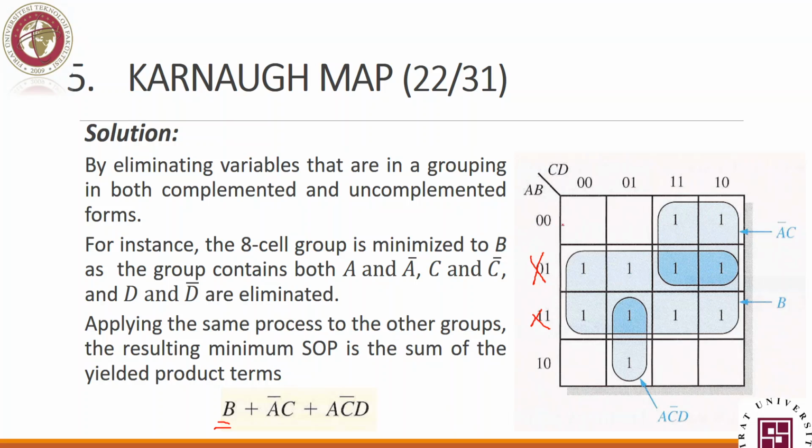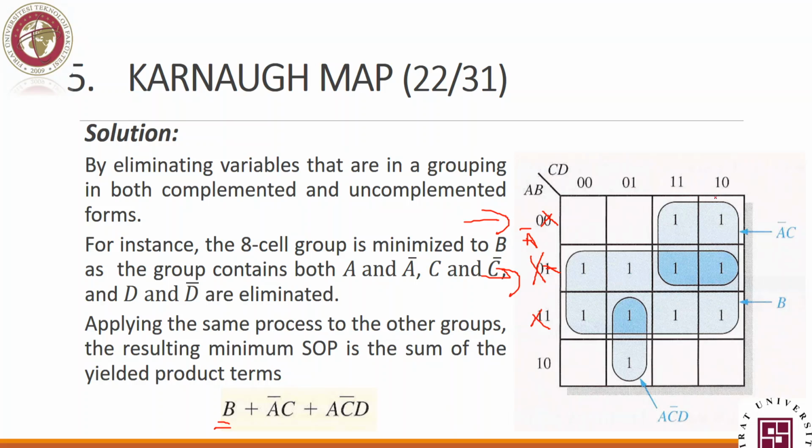Now look at this. It's composed of these 2 columns. Now look, A bar is common, no problem, but B bar and B, they cancel each other. So what's left from this side? A bar. Okay, A bar.